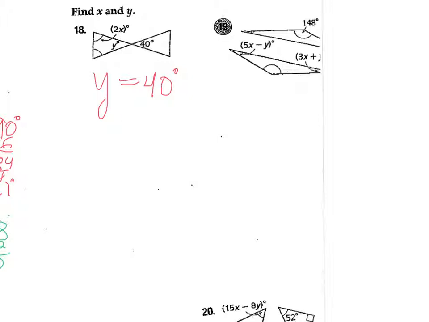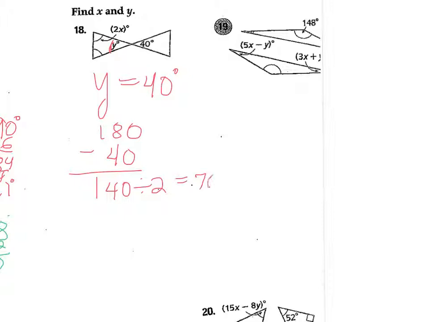Now on 18, the two other angles have tick marks, which means what? They're congruent, right? They're congruency marks. So that means that if that angle is 40, we do 180 minus 40. We subtract 40 from 180, that's 140, and then we divide it by two congruent angles, so it goes to 70.